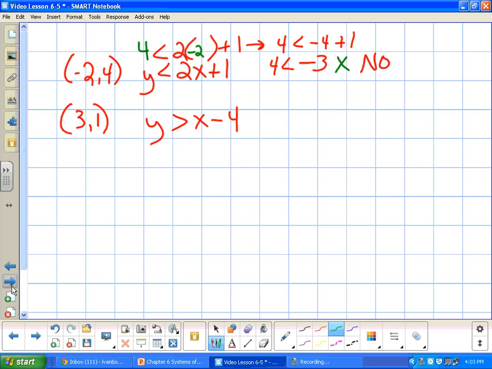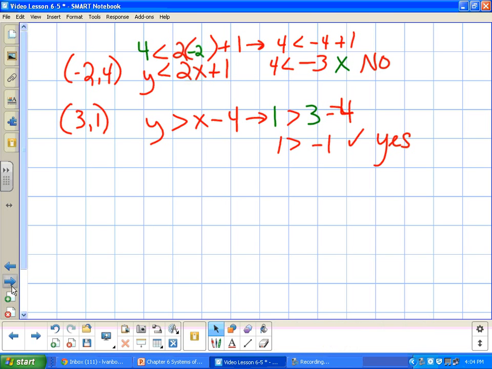So that gives us 1 is greater than 3 minus 4. Okay, now we'll do the math. 1 is greater than 3 minus 4. 3 minus 4 is -1. 1 is greater than -1, so this is a true statement, and yes, it is a solution.